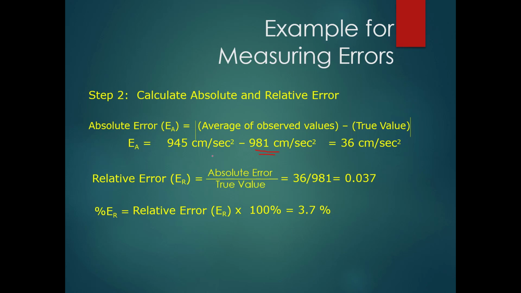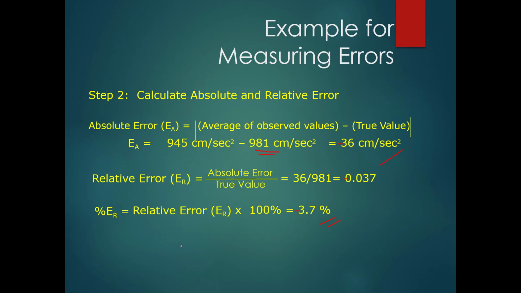So the absolute error will be average value minus true value. You see, this will be negative. This is a negative error, remember that. And the relative error is also negative. Relative error is negative, and similarly percentage error is minus 3.7%. So I am correcting myself, this will be negative error.